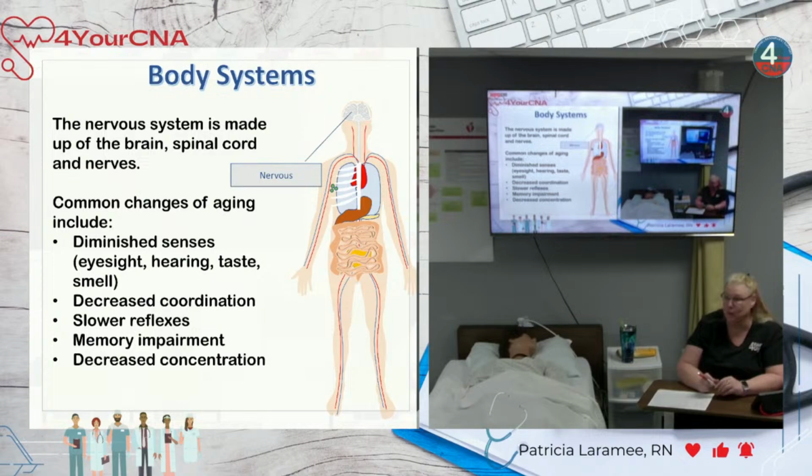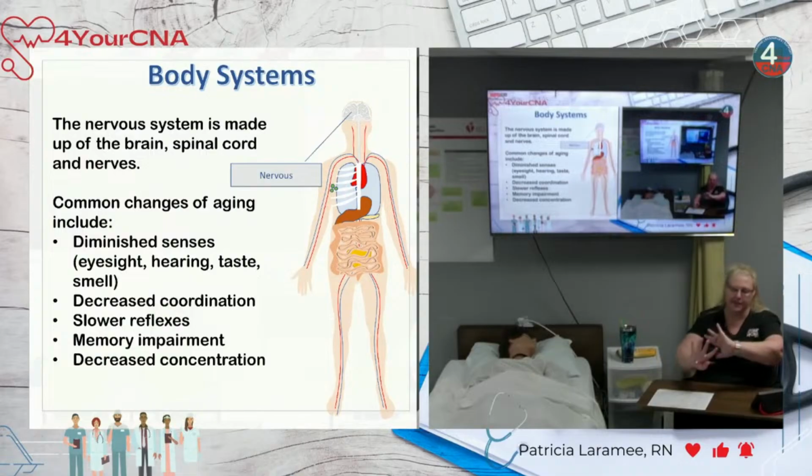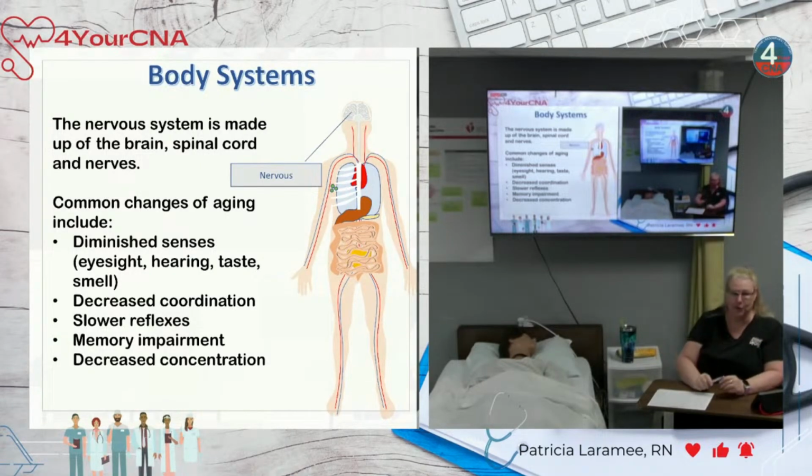I'll prove it to you. If I said, okay, we're going to take about a 30-second break, you guys can do anything you want to, what would you pick up? Your phone. Every one of you would reach for your phone. You could not sit still and do nothing for 30 seconds.